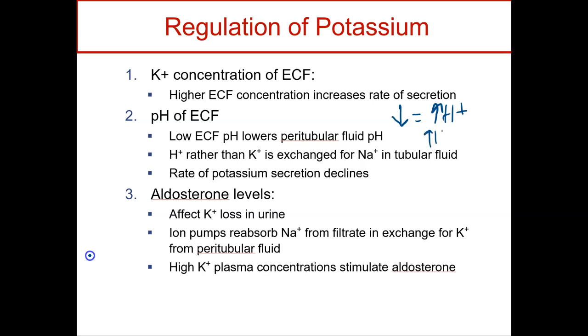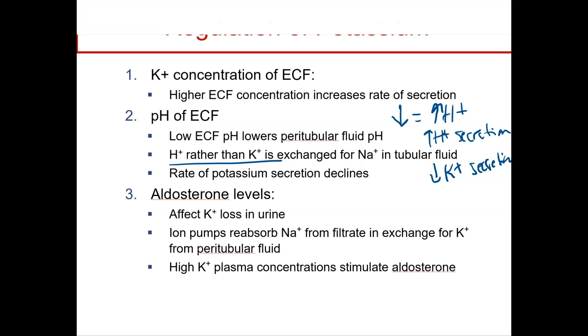So you would increase the hydrogen ion secretion. Well, potassium and hydrogen compete for secretion. So if I'm increasing my hydrogen secretion, I'm kicking that out into my pee, now I'm going to decrease my potassium secretion. And in fact, potassium levels could go up in my blood. I could have hyperkalemia from that.